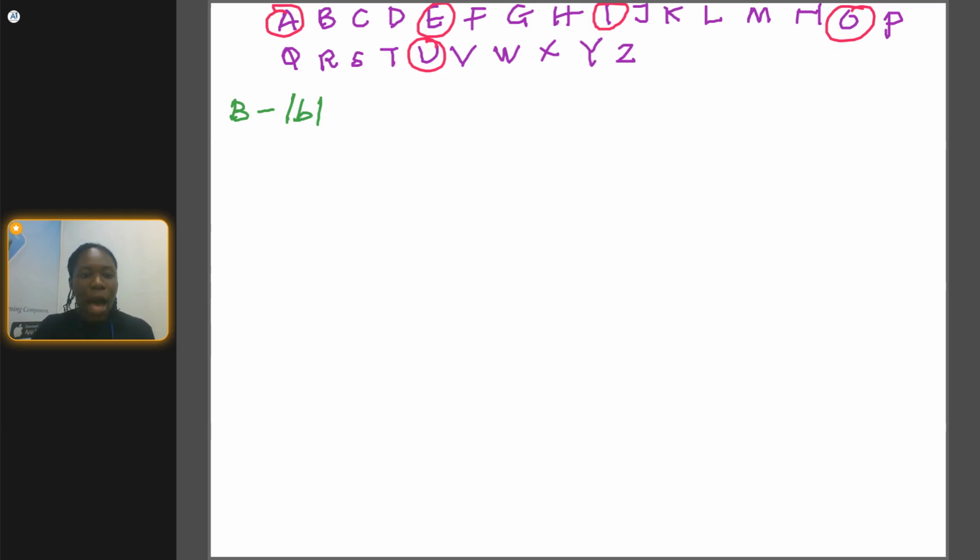Okay, then we have letter C giving us the k sound and the s sound. So that means letter C can either give us k or s. All right, that's for letter C.